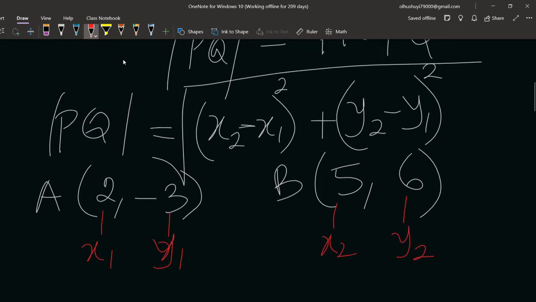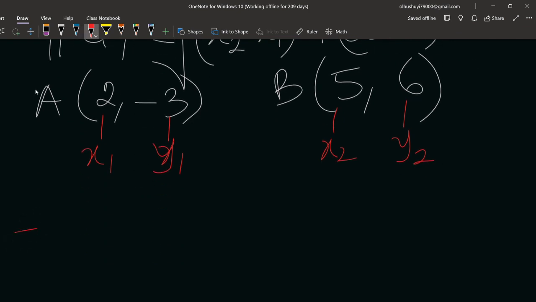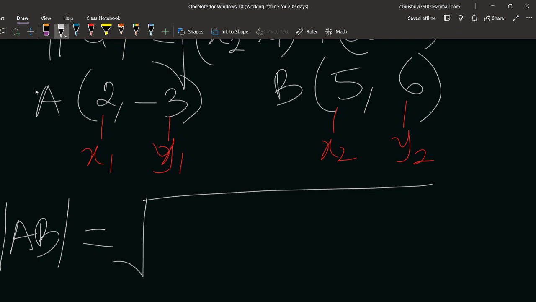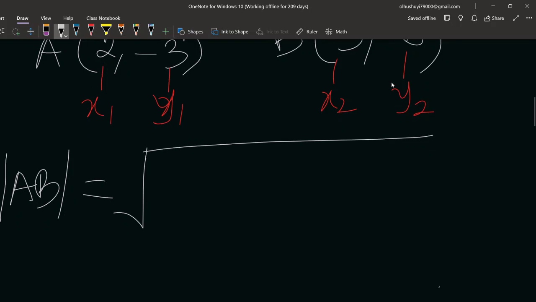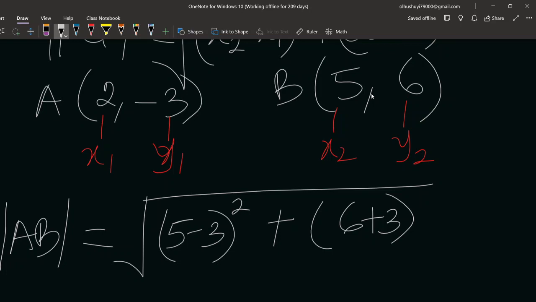Putting that into the formula, the distance AB is equal to the square root of x2 minus x1, that is 5 minus 2, all squared, plus y2 minus y1, that is 6 minus, then minus 3, that's plus 3, all squared.